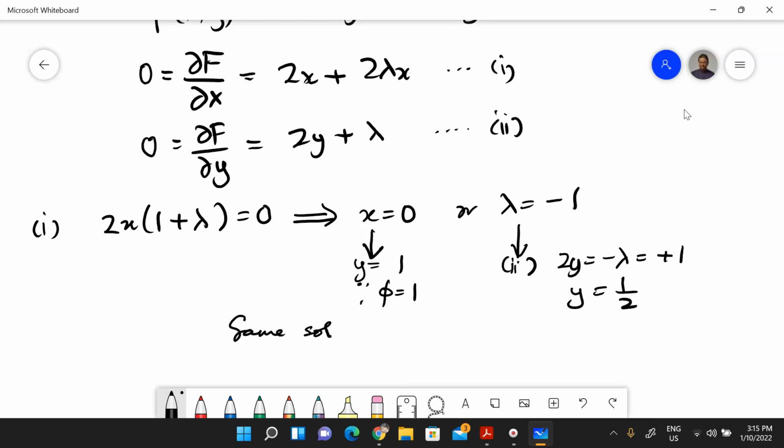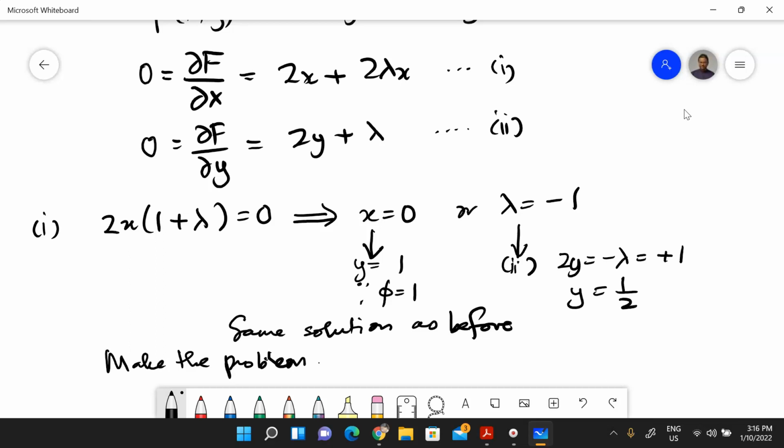So what we have done now was making the problem a bit more general, so that you introduce this Lagrange multiplier.